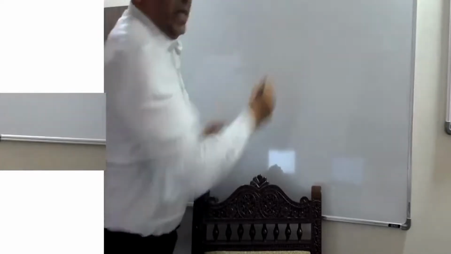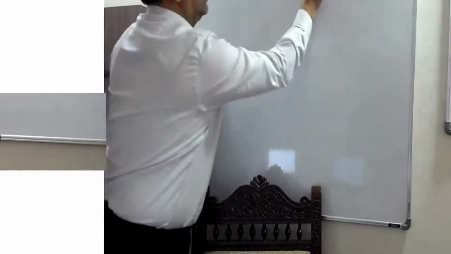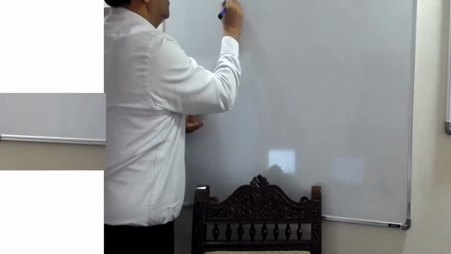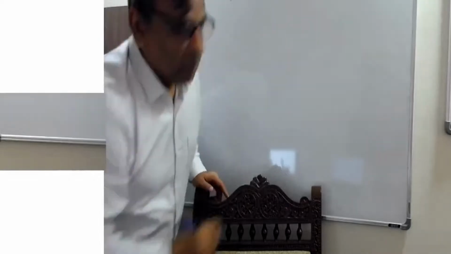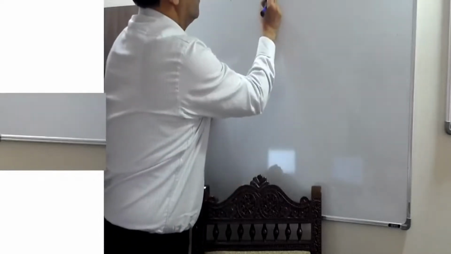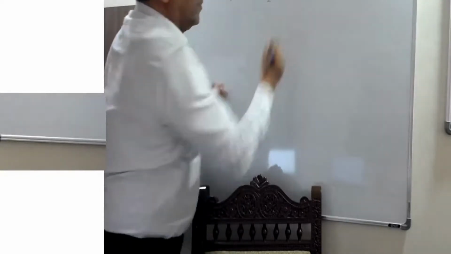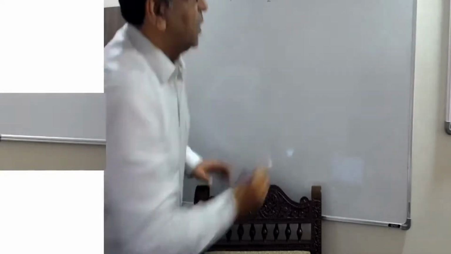Is my voice clear now? Let me know that. So this is the first quotation which is given to you. And the second quotation which is given to you is £1 is equal to US dollar 1.16.